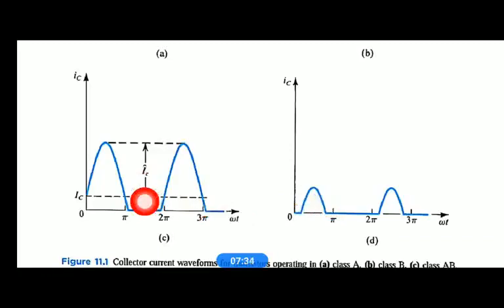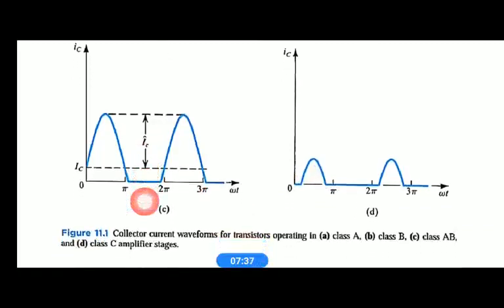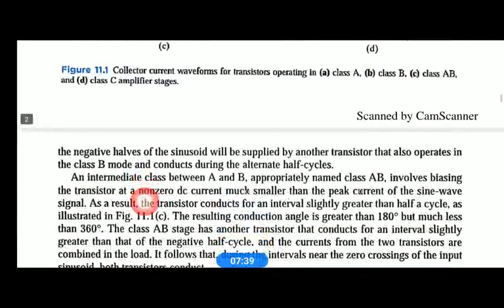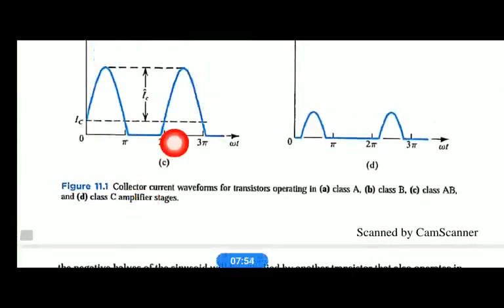Here the conduction angle is greater than 180 degree and less than 360 degree, or we can say it will give you the output signal in between 180 degree to 360 degree.